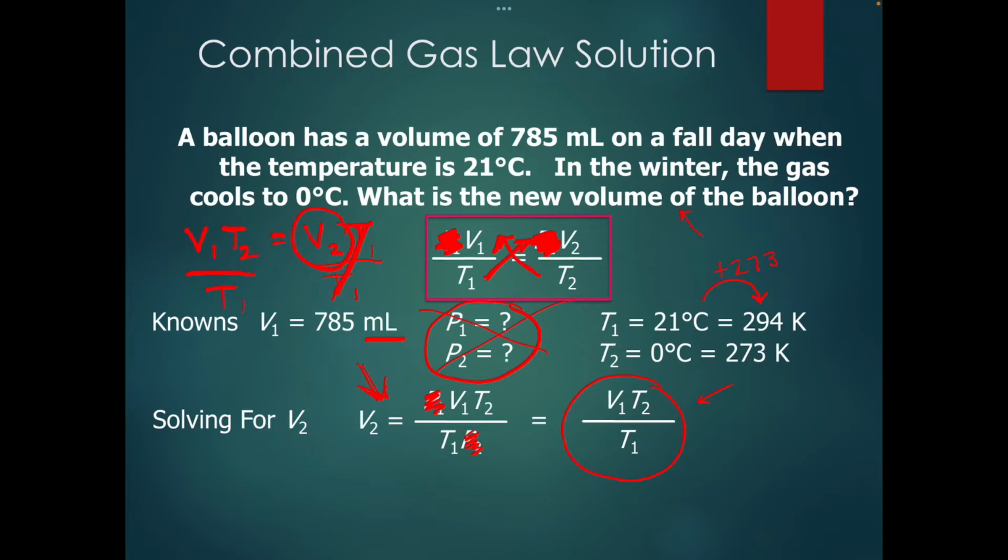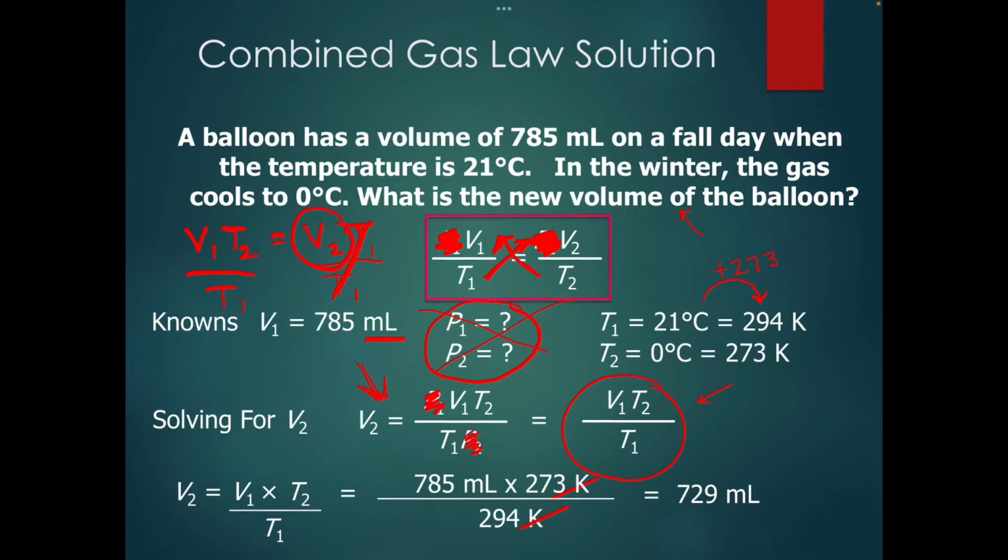So once we've got all of this going on, we can go ahead and plug things into our problem now. So V2 is equal to V1 T2 over T1. So we'll plug everything in, and we'll get our answer. And again, our answer is going to come out in milliliters because this one was in milliliters, and we didn't do any conversions to change that.